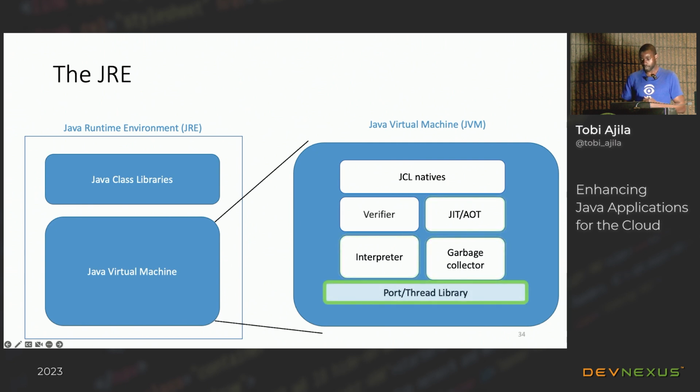And then at the bottom is the port and threading library, which is the abstraction layer over the platform-specific APIs. So just a very quick overview.